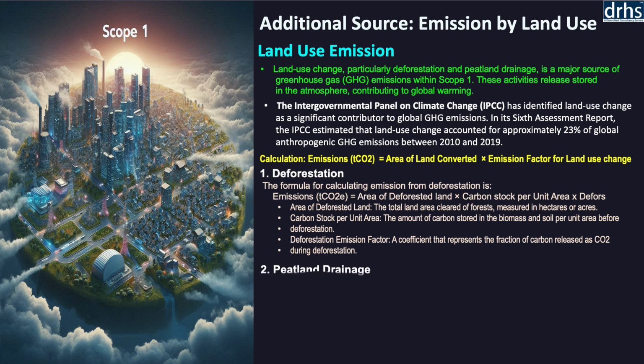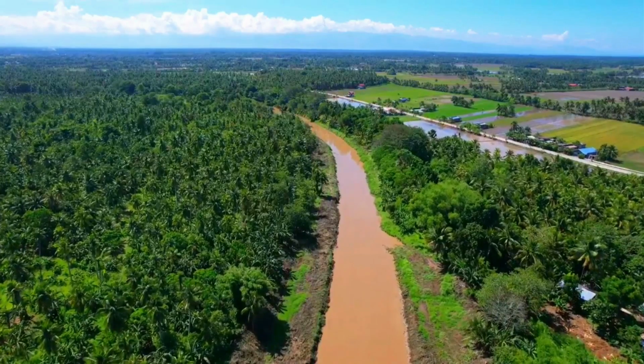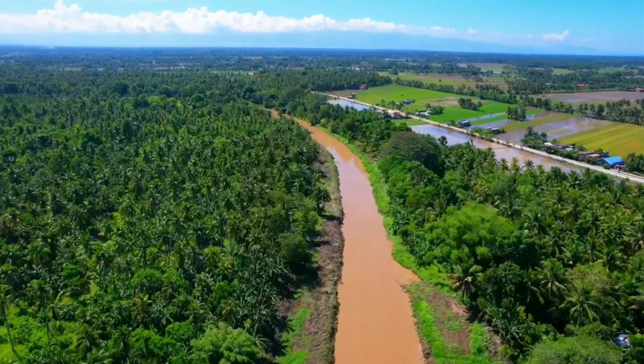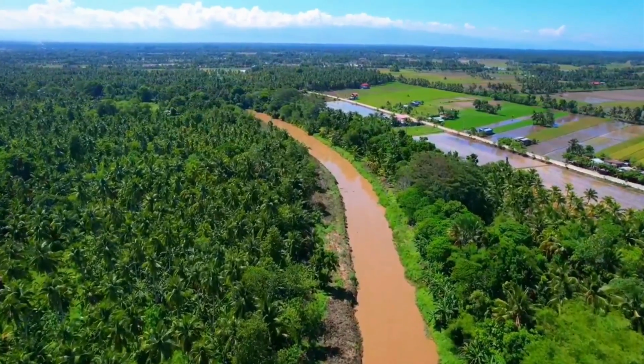The next is related to peatland drainage. Peatlands are wetlands that store large amounts of carbon in their waterlogged soils. When peatlands are drained for agriculture, forestry, or other purposes, the water table is lowered, leading to the oxidation of organic matter stored in the peat.